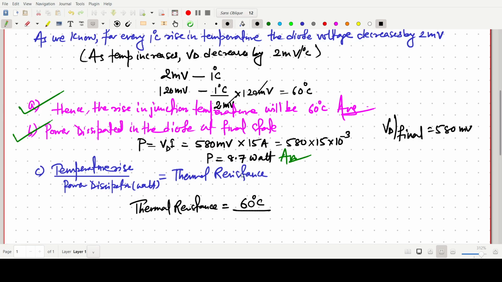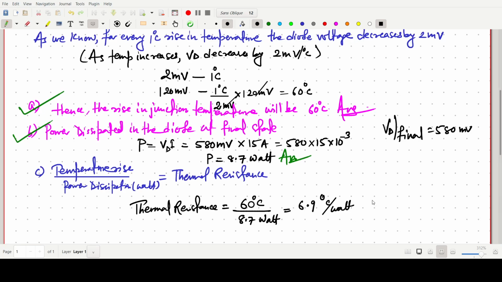Then the power dissipation is simply 8.7 watt. If we solve, this is 6.9 degrees centigrade per watt. So this is our third part, and this is our answer.